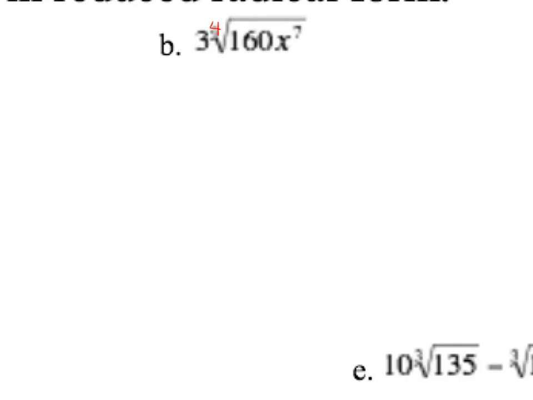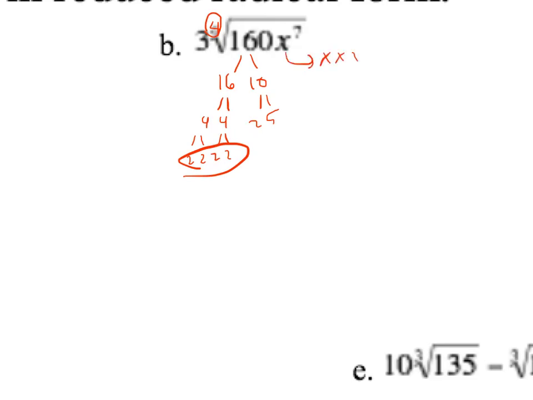This is a 4. So in this case, we're looking for groups of 4. We're going to break this down. 16 and 10. 4 and 4. Here's one group of 4. And then this is the same thing as 7 x's. And we're looking for groups of 4. So here's a group of 4 there, and we're going to have 3 left over.